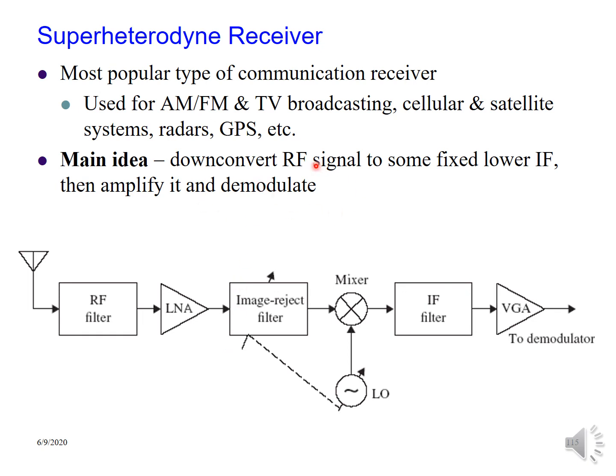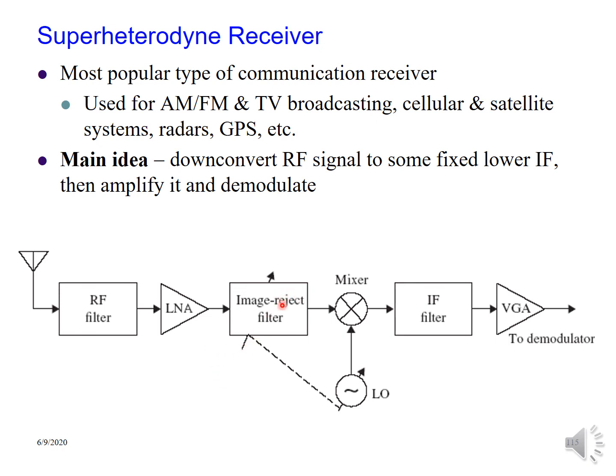Talking about the IF signal, this is also called frequency translation, where we translate from RF to IF. The process is: a low noise amplifier to reduce noise, then remember the image reject filter, because we don't want the plus or minus IF image.